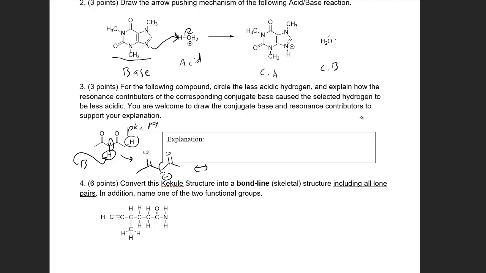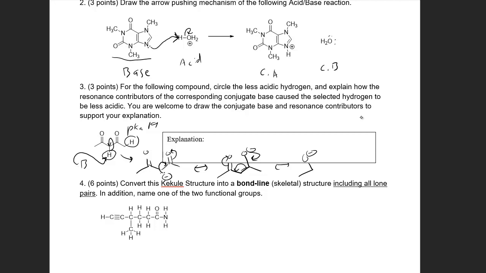So we can move these electrons here and push these electrons here to give us this contributor. And now we have a double bond right there. And for our next contributor, we can move these electrons back down, move this double bond over to here, and move these electrons up here.